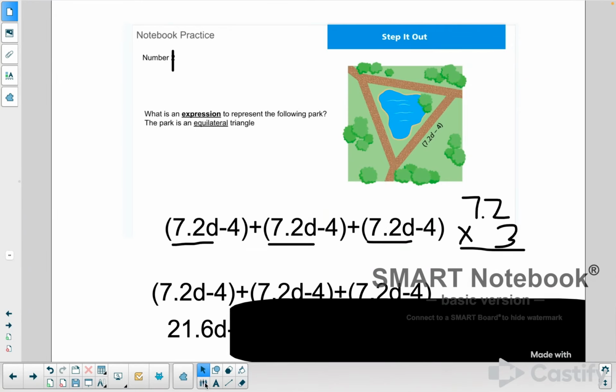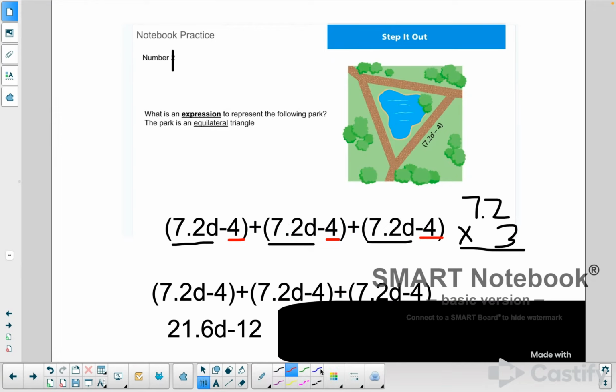Now, we look at our other like terms here, our constant values. When we add all of our minus 4s, we end up with minus 12. So our expression for our question is 21 and 6/10d minus 12.